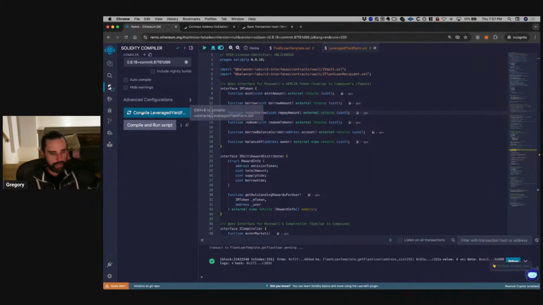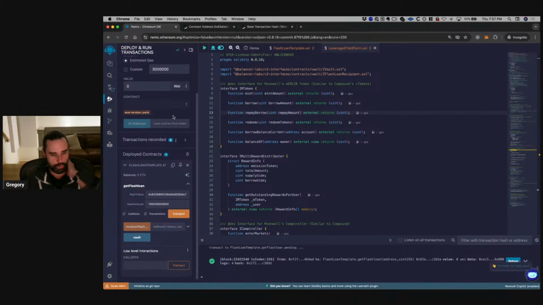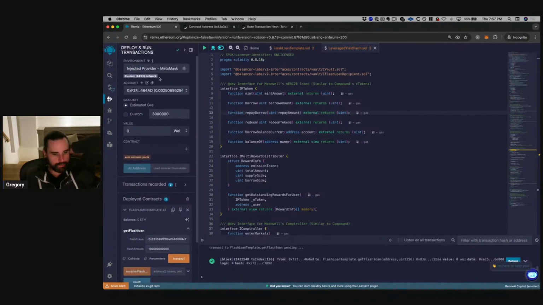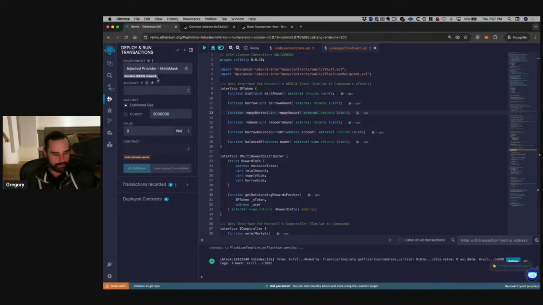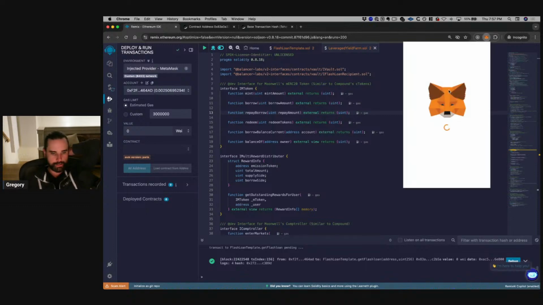You're going to want to compile the contract on Solidity version 0.8.18. You're going to go to deploy and run transactions. Make sure you've selected the injected provider for MetaMask. Make sure that your account's listed here and that your cryptocurrency amount looks right.